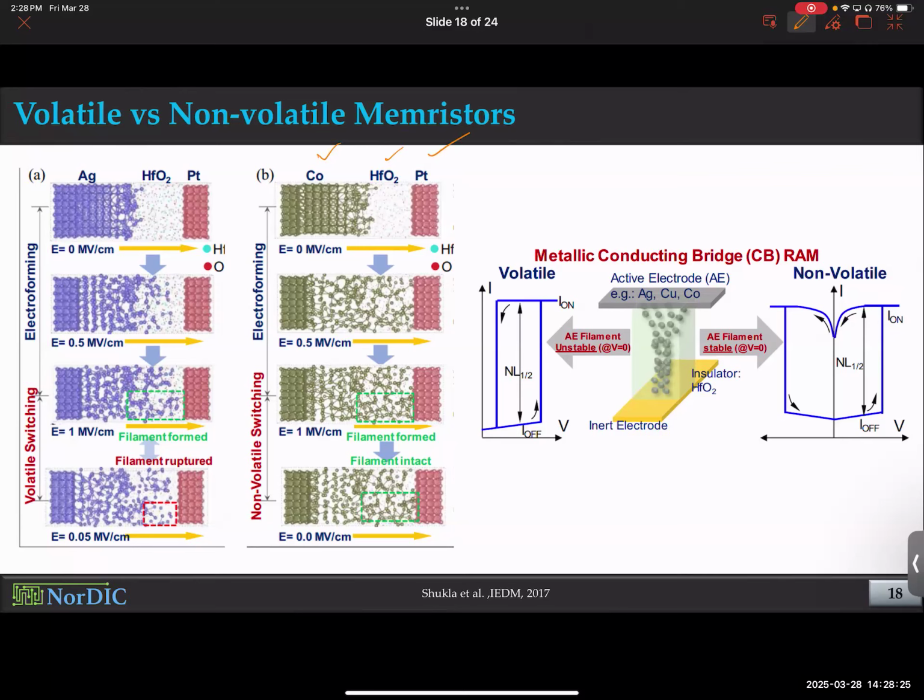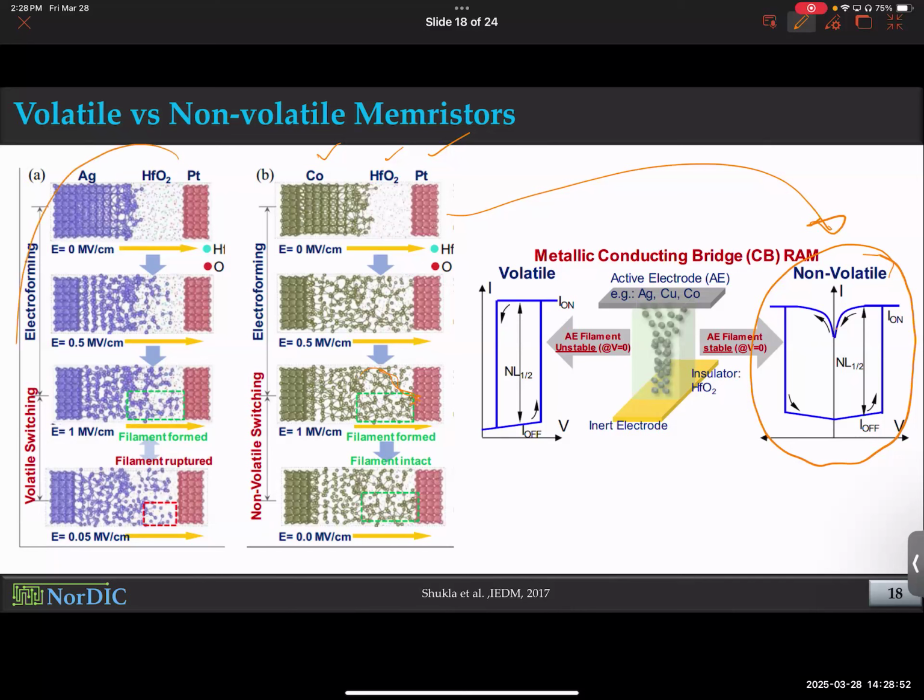In this device, when you create a bridge, even when you remove the voltage and make it 0, it sustains the bridge. The bridge doesn't get broken automatically. So the IV looks like this, which is a non-volatile memristor, the device we have been talking about so far.